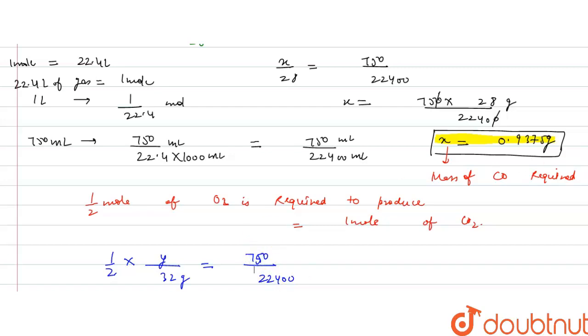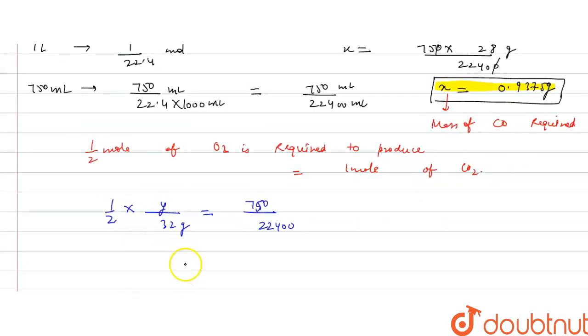So we can calculate the value of Y from here, that will be equal to 750 into 2 into 32 divided by 22400, which is equal to 2.142 grams. So this amount of oxygen is required.